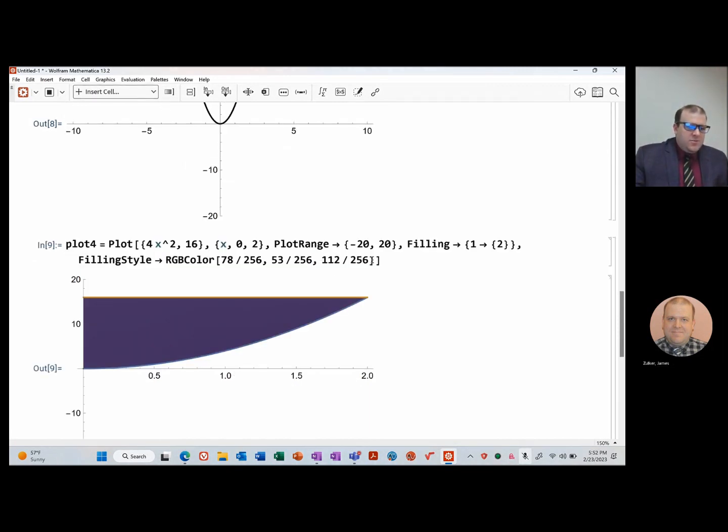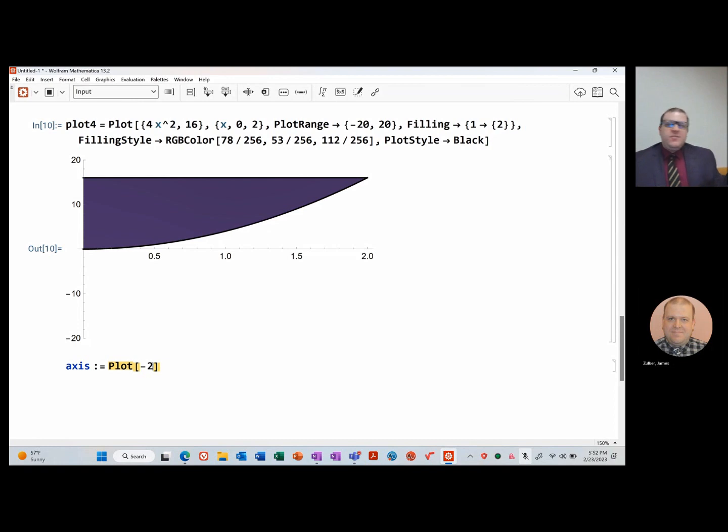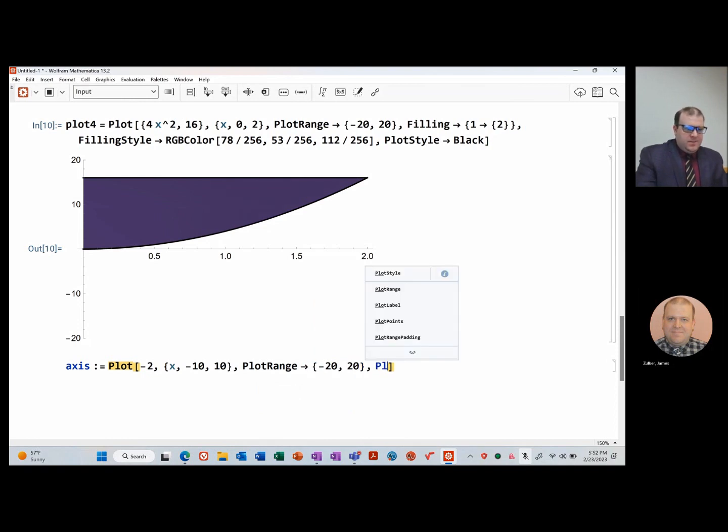Oh, yes, I forgot to do the plot style. And so there's just the shading of the region. I'm going to define one more thing. Our axis of revolution is y equals -2. I'm going to represent this with a red line.